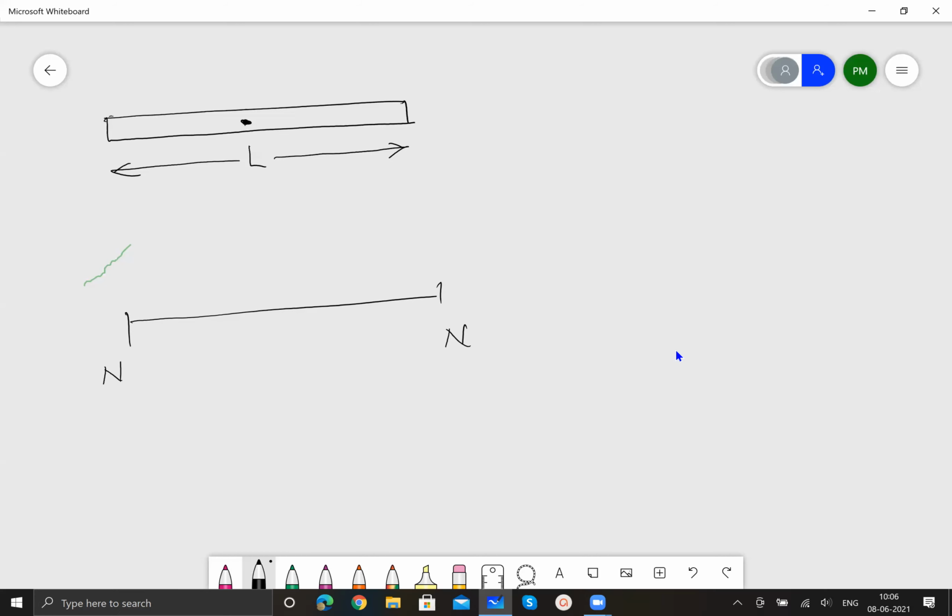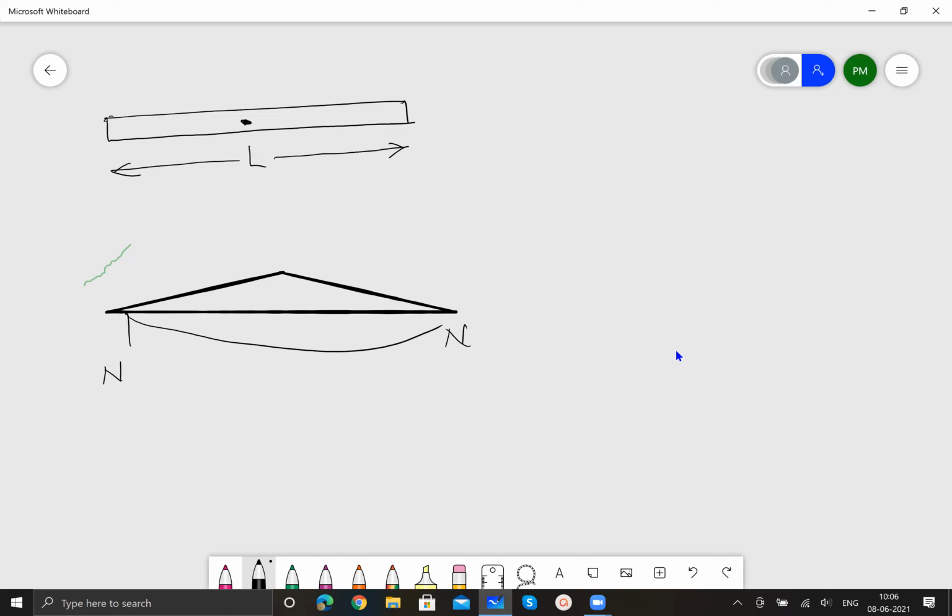So, what is the least possible mode of vibration? Like this. This is L and this is equal to lambda by 2. So lambda by 2 is equal to L, which implies lambda is equal to 2L.